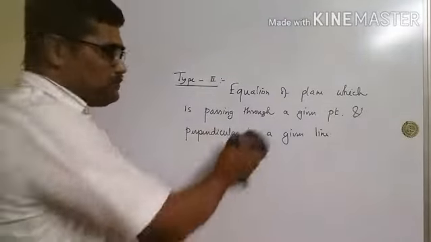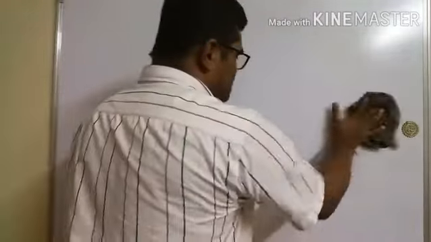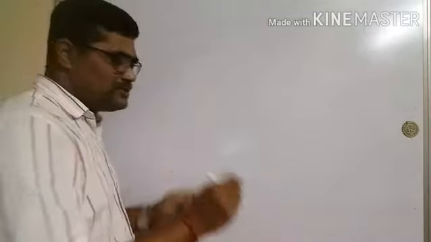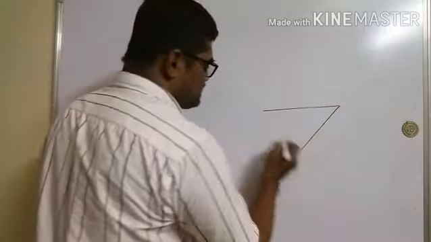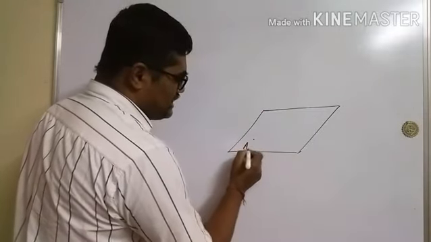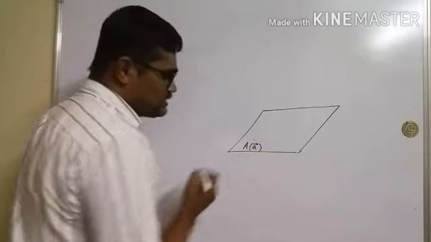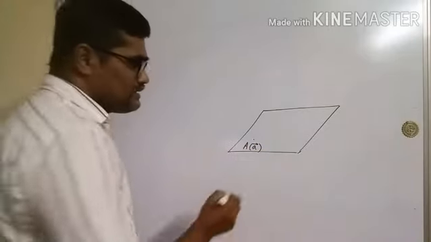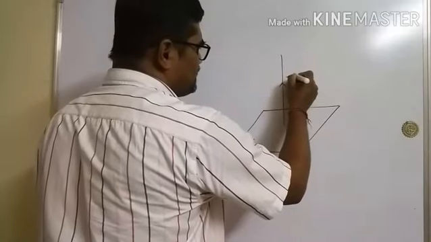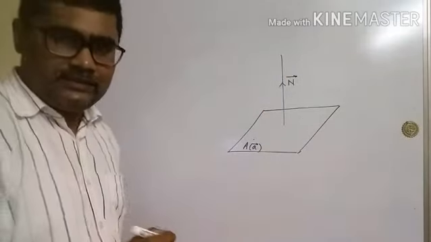Let's see. Now if I draw the figure, you will not face really any problem in understanding this. This is very sure. So this is the plane. It was passing through the point A, whose position vector I marked as A. This is the vector. We are writing capital N for emphasizing it.